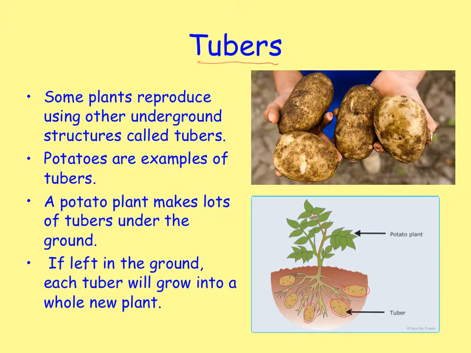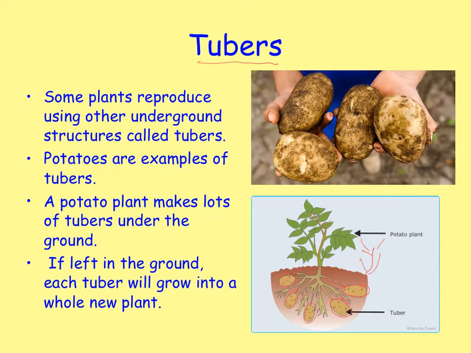And these are full of starch and we eat them. The plant isn't growing them for us to be able to eat them. The plant is growing them because each of these new tubers can then grow into a whole new plant. It's just that we pull the potatoes up before they get a chance to do that. But there will be new plants that would grow out of these tubers if we didn't do that.